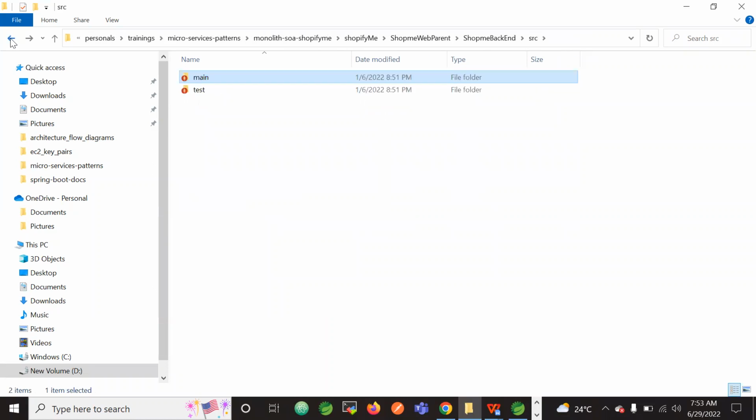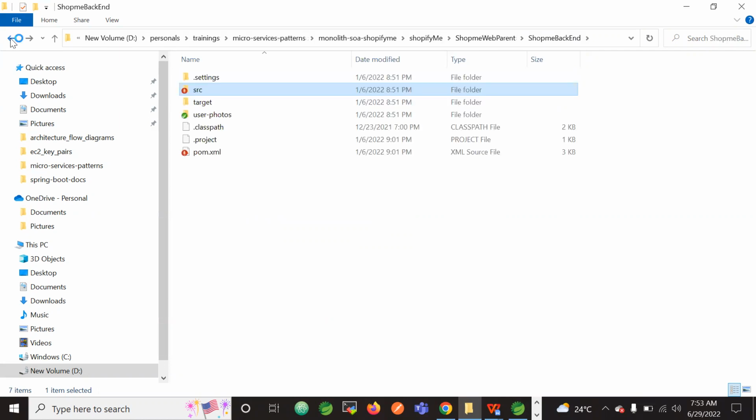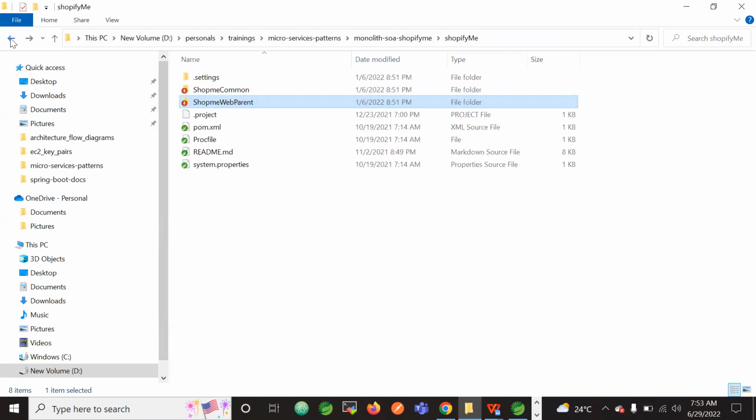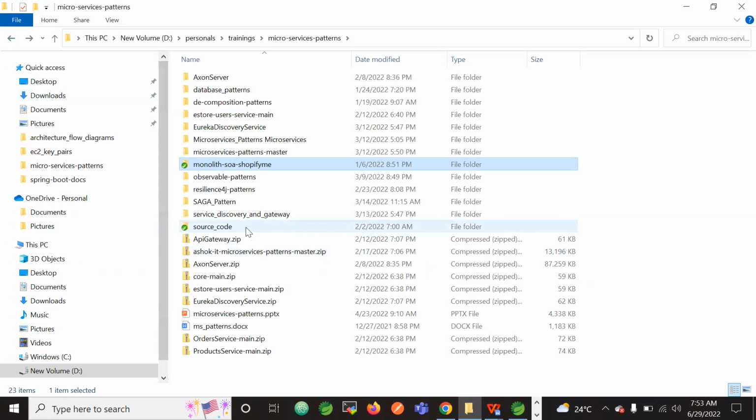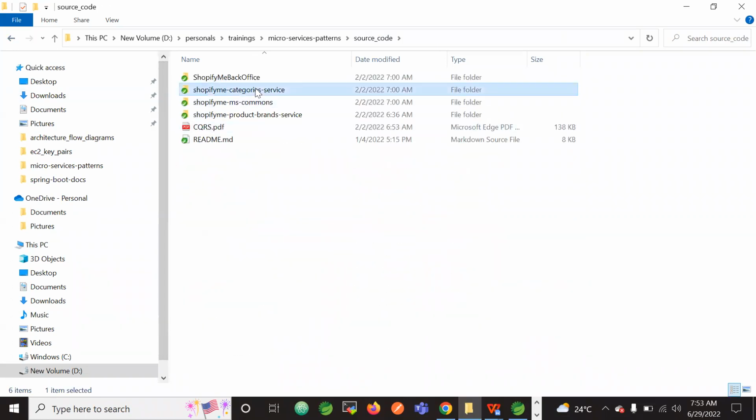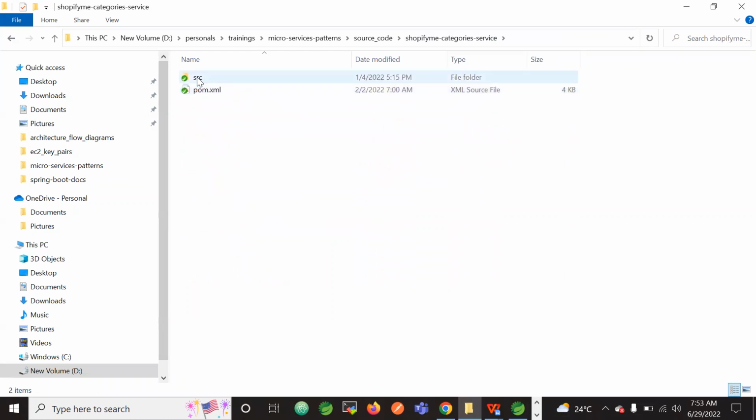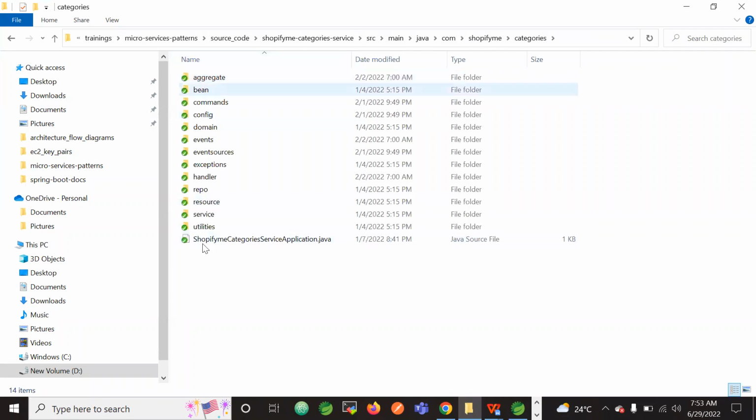So this monolithic application we decomposed into microservices like here. Categories has only the category specific source code. See this, Shopizer categories, it has only the categories microservice specific code.